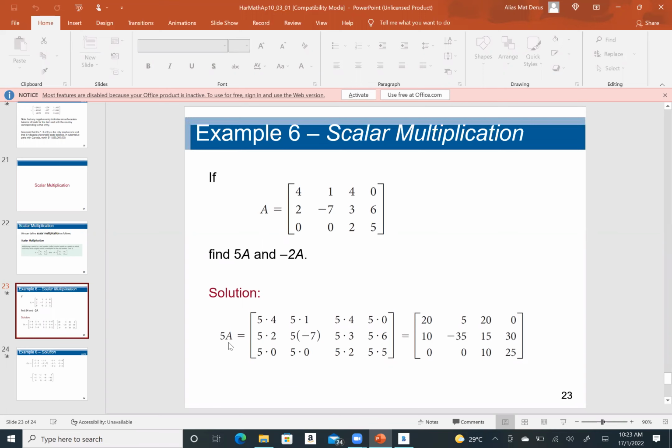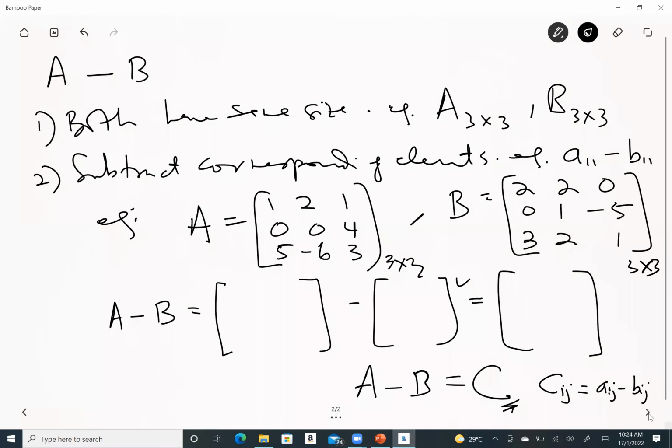So for example, 5A, where A is equal to this matrix here. You multiply 5 with all the elements, and then you get the resulting matrix. For scalar multiplication, it doesn't matter the size of the matrix.